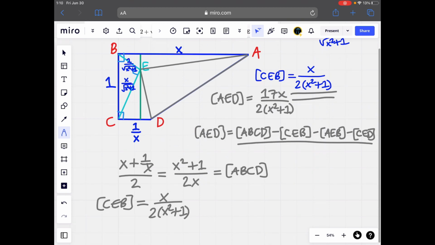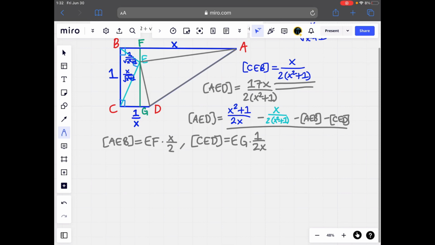For the areas of triangles AEB and CED, we need to make use of the altitudes drawn from E to AB and E to CD, which I've already drawn in green. And I will call the foot of those altitudes F up on AB and G down on CD, respectively. All that's left is to find EF times x over 2 and EG times 1 over 2x. We need to find EF and EG, but know that those altitudes have actually given us more similar triangles. The first one is EFB and BEC.